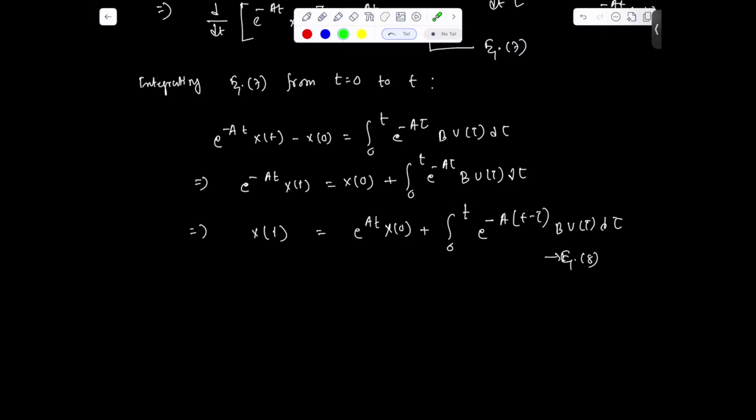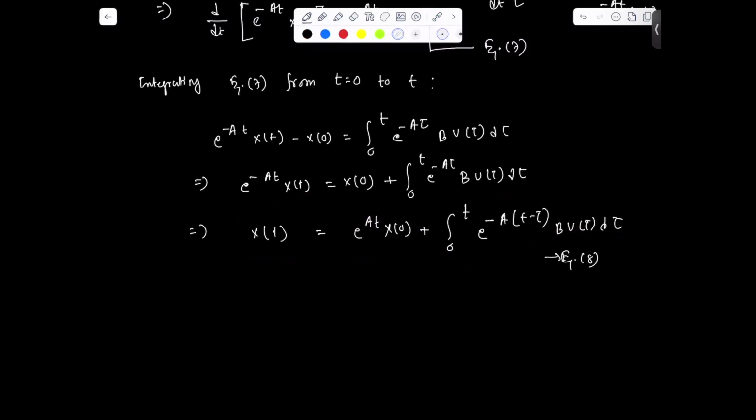But if we have the control input, we are getting this extra term in our solution. So now this is very, very important. So if we assume all the eigenvalues of the A matrix are negative, we can say that the system x of t goes to 0 as time tends to infinity.